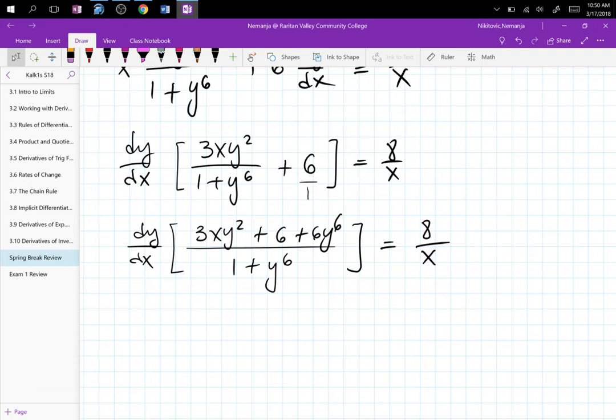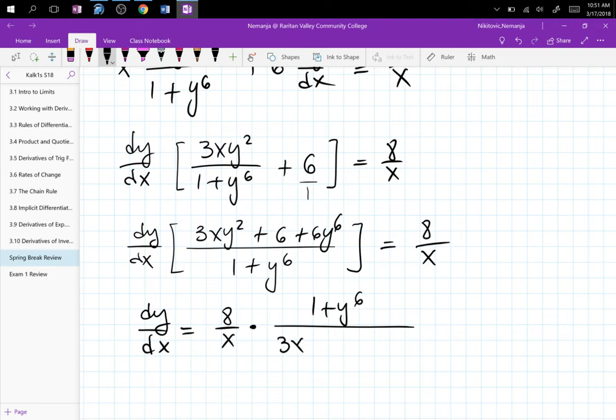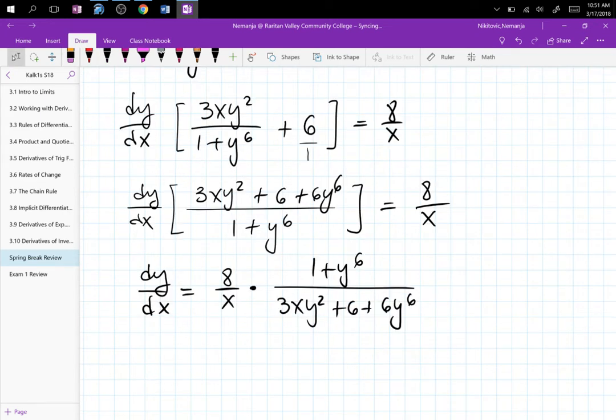But I like the fact that I have one fraction because all I can do is multiply by the reciprocal on both sides. That's why I wanted one fraction. So, what's the derivative? The derivative is simply 8 over x times 1 plus y to the 6, and then 3xy squared plus 6 plus 6y to the 6. That's why I wanted a single fraction. And now there's the derivative.